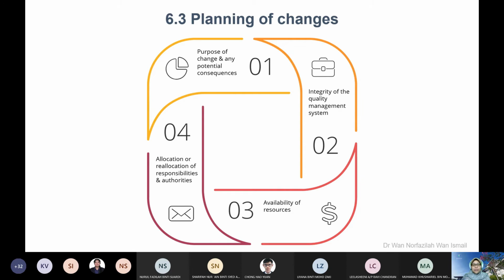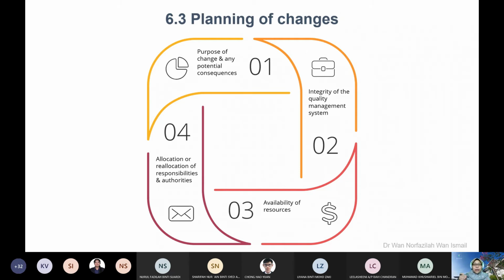Kalau dia, for example, the effect is customer satisfaction. Okay, having 2 person in charge, you might delay the process. So customer satisfaction is one of the integrity of QMS. If they satisfied, then it is okay. But if they are not satisfied, then it affect the integrity of the QMS. You cannot do the changes.